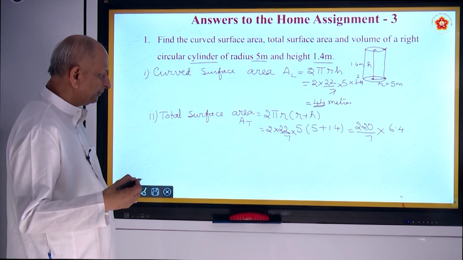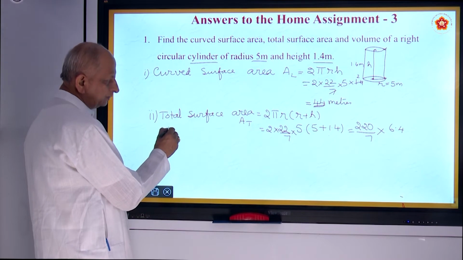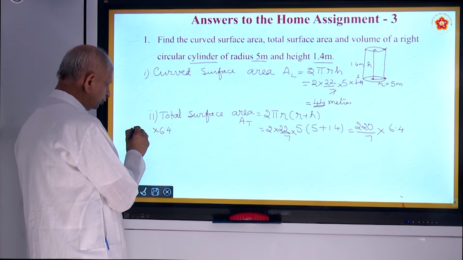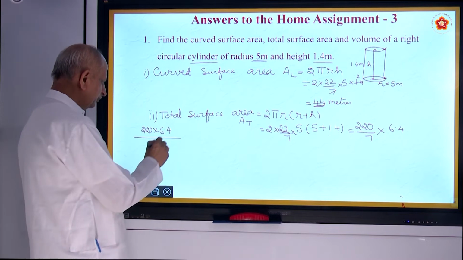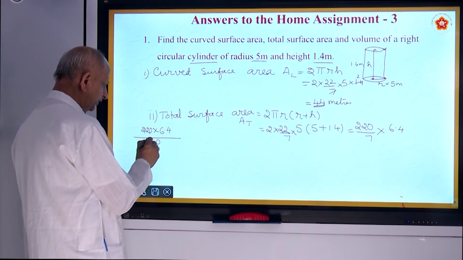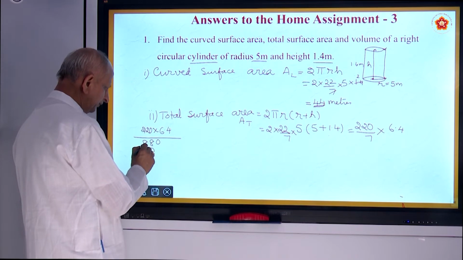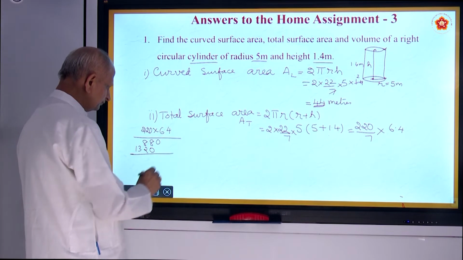What you have to do is multiply. So 6.4 to be multiplied to 220. 4 2s are 8, 4 2s are 8, 6 2s are 12 plus 1, 13.